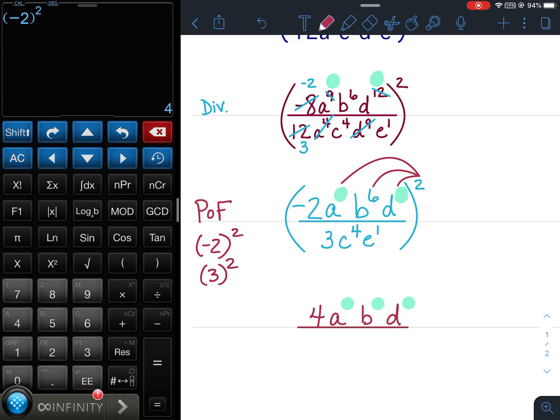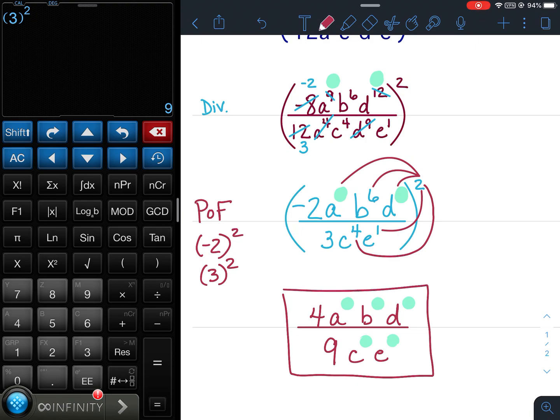On the bottom, 3 squared is 9. And now you're multiplying these exponents. And that would be your final answer.